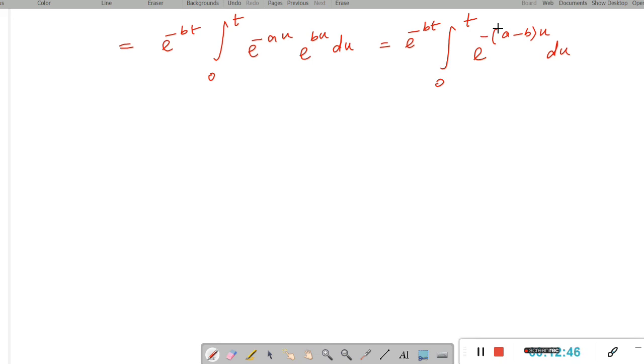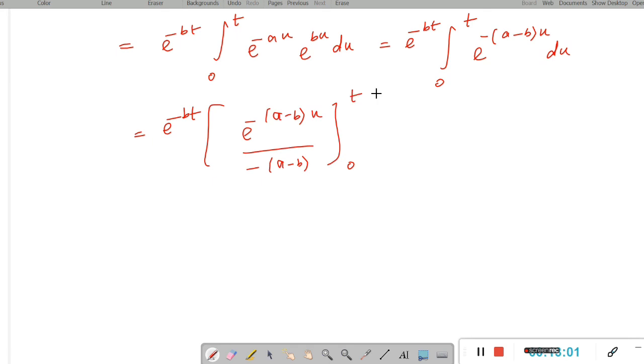Now try to integrate. If you integrate, you may get e power minus bt e power minus into a minus b into u divided by minus of a minus b, 0 to t. You can take minus 1 by a minus b as a constant. You can take outside from this close bracket.